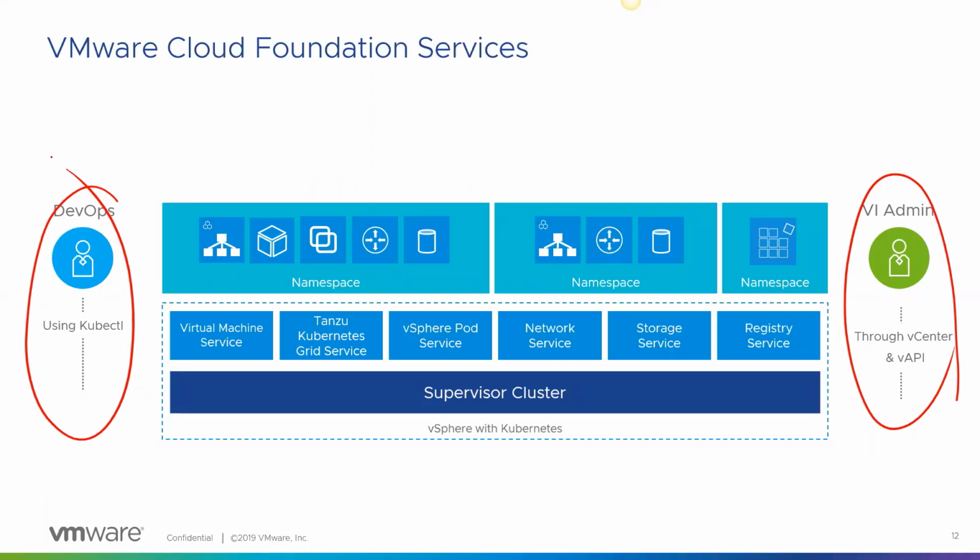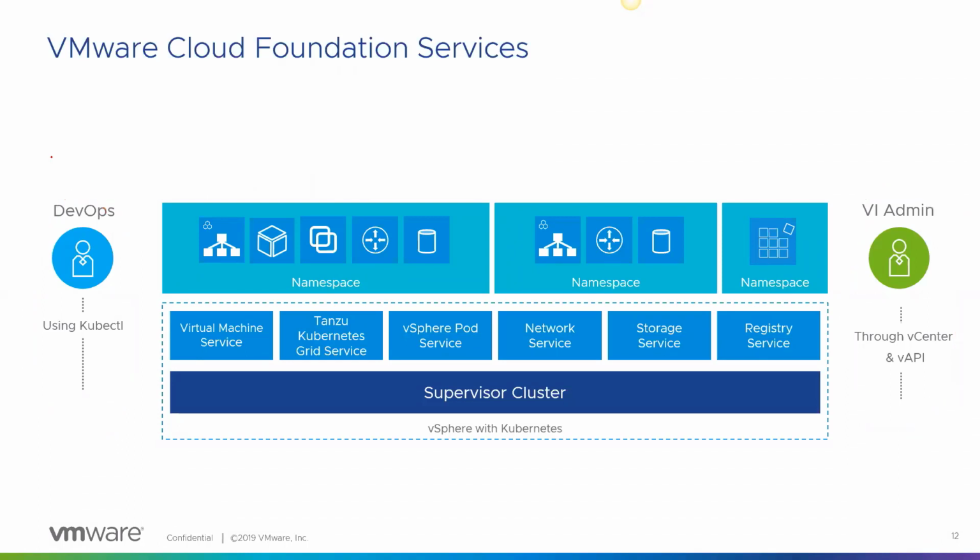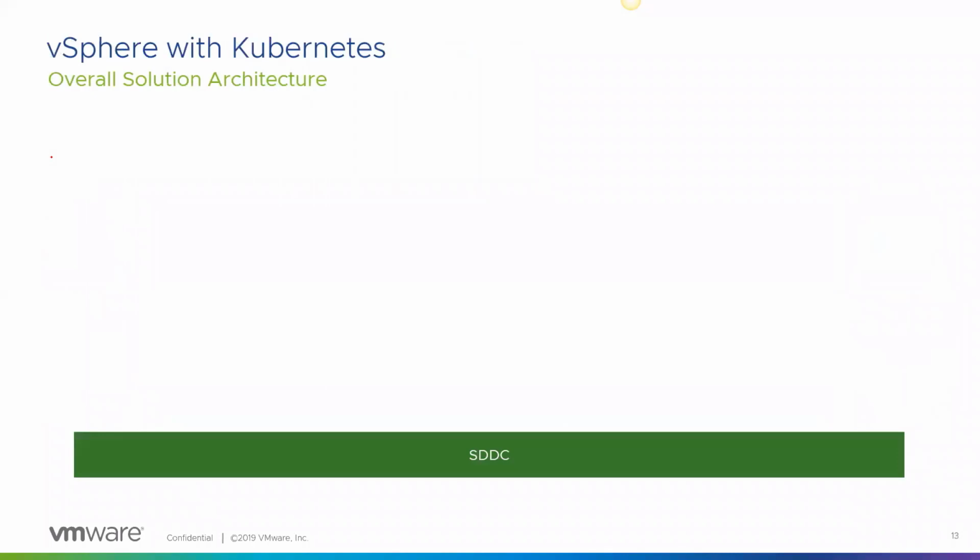Okay, so this is what this concept is based on. That said, how do we make all of this a reality? How do we make all of this possible? We start with a standard SDDC, a standard environment running vSphere, NSX, maybe vSAN, and whatever tools we have within our SDDC.